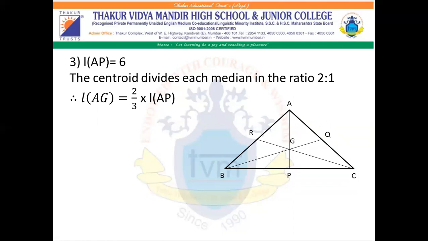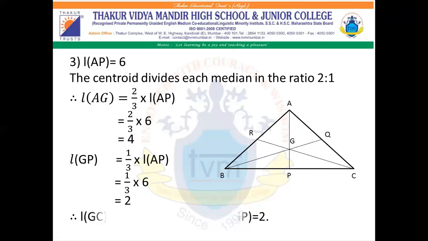Therefore, length AG is equal to 2 upon 3 multiplied by length AP. That is equal to 2 upon 3 multiplied by 6 is equal to 4. Length GP is equal to 1 upon 3 multiplied by length AP. That is equal to 1 upon 3 multiplied by 6 is equal to 2.